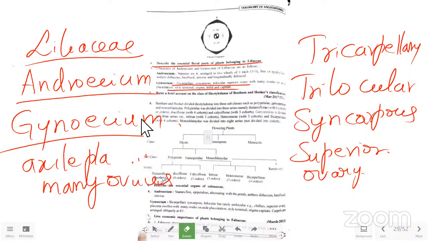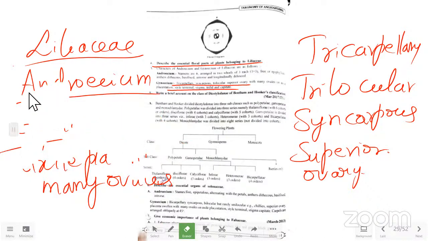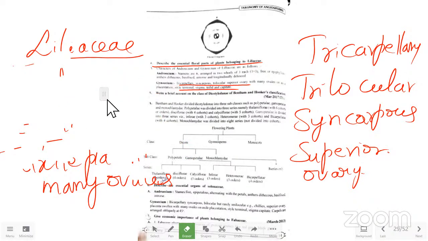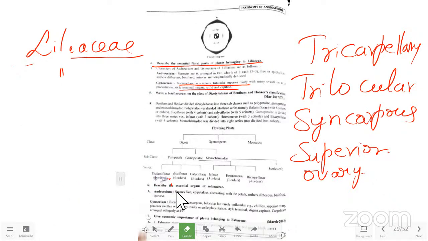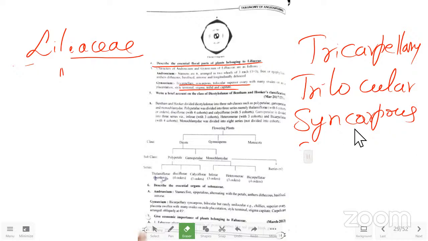Now we have to show each and everything with the diagram. Here, the diagram is very, very important. In some materials they have given the diagram, in some materials they have not.